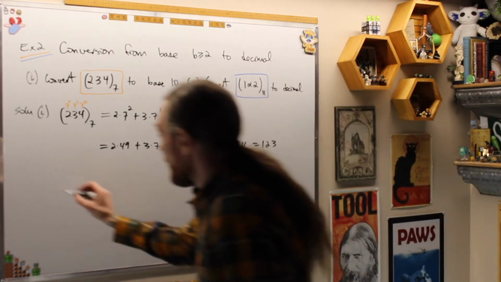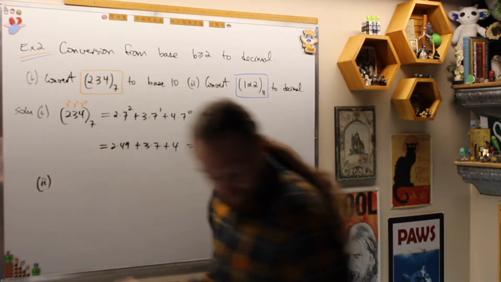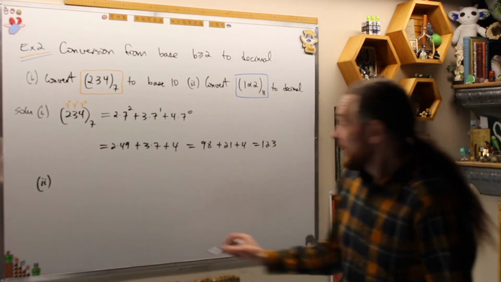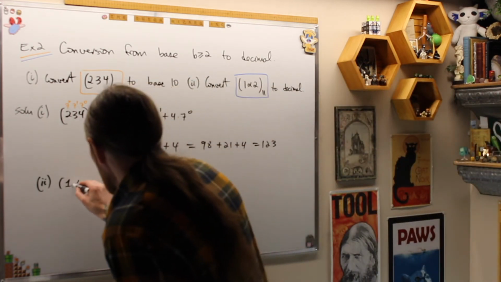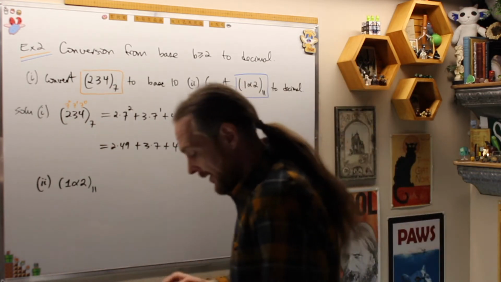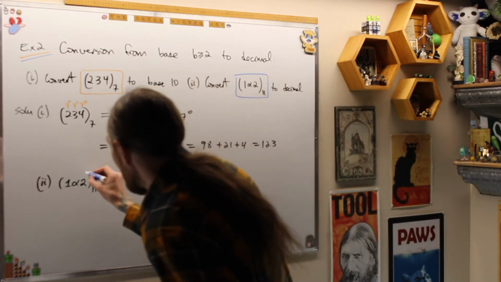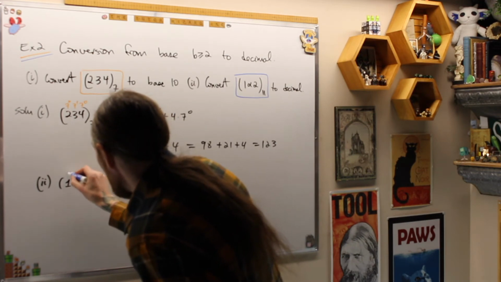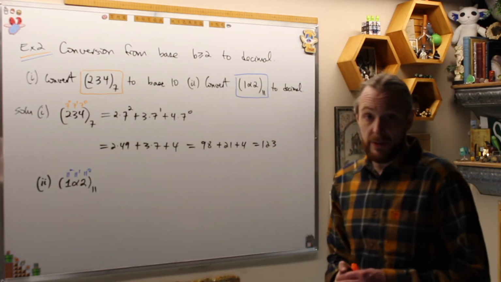So I could have left it, but this equals 123. For the other one, I get 1 alpha 2 base 11. What that tells me again is I have 11 to the 0, 11 to the 1, 11 squared, which is 121.